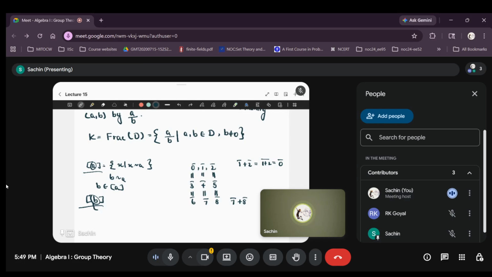By picking a different representative, we are not picking a different class. The addition of two classes shouldn't change if you change the representative, because the representative is just there to tell you which equivalence class you are looking at. So 7 bar plus 8 bar is 15 mod 3 bar, and 15 mod 3 is also 0. So this also gave you 0 bar.